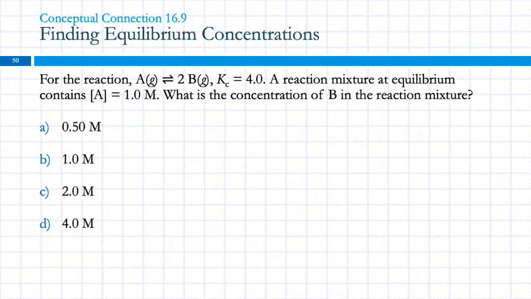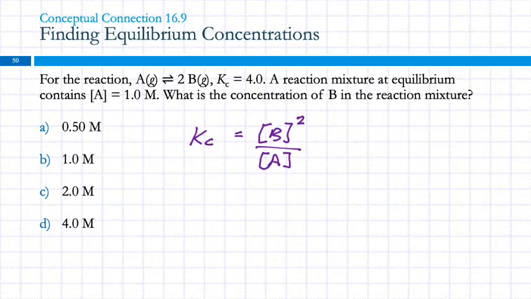For the reaction, A goes to 2B, Kc equals 4. A reaction mixture at equilibrium contains A equals 1 molar. What's the concentration of B in the reaction mixture? Well, what's the expression for the equilibrium constant? B squared over A, right?